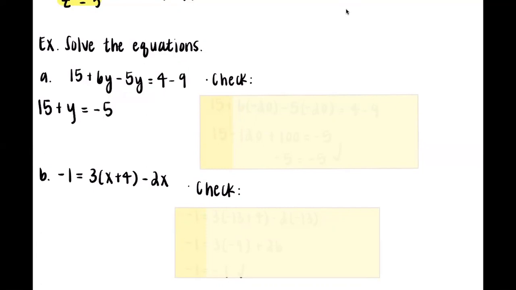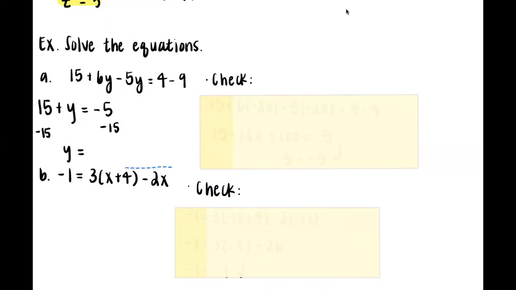Well, now if you look here, again, y needs to be left alone. That 15 is in my way. Well, if I have plus 15, I have to do the inverse to it. So I have to subtract 15 to both sides. 15 minus 15 is 0, so my y is left alone. And then I have negative 5.